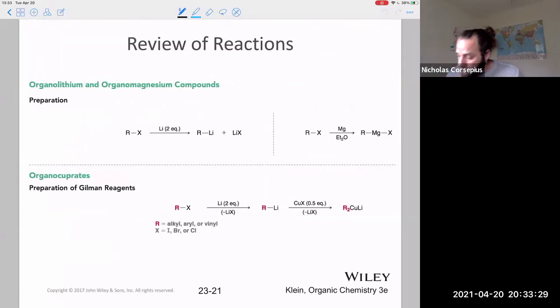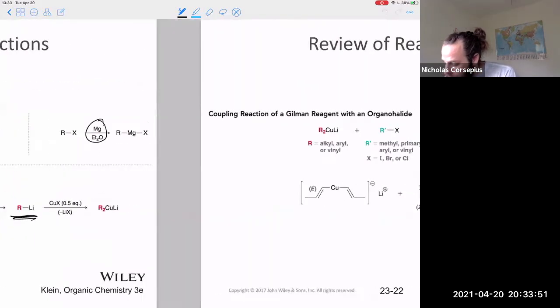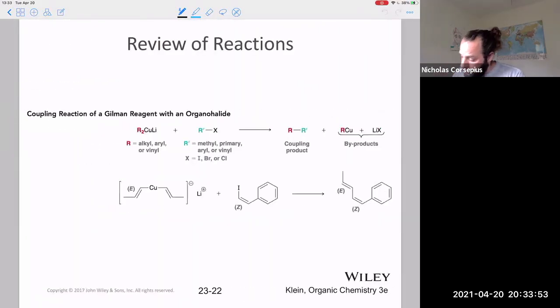So just to summarize, we know how to prepare organolithium and organomagnesium compounds, just as straightforward as tossing solid metal lithium or solid metal magnesium in with an alkyl halide. To prepare a Gilman, you first go through the organolithium and then react it with copper(I) chloride. When it comes to the Gilman, we learned a new reaction. So we have our old reactions for the Grignard and our old reactions for the Gilman.